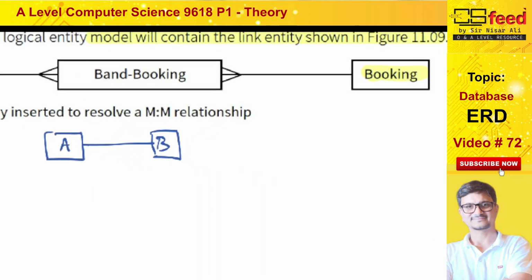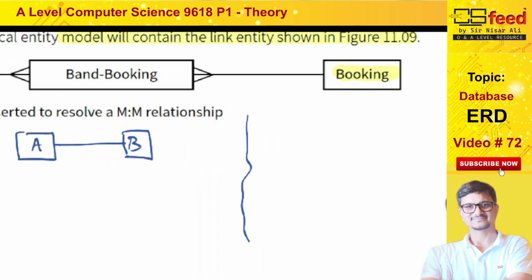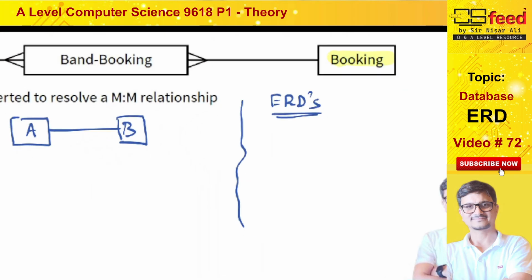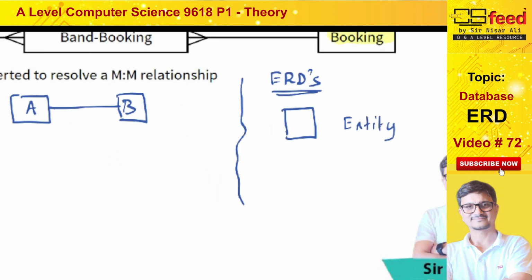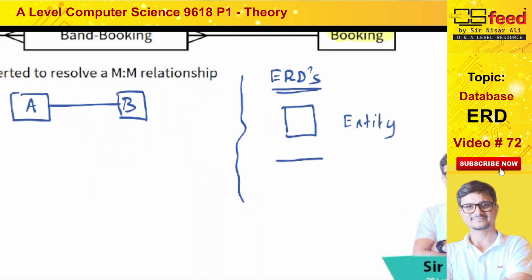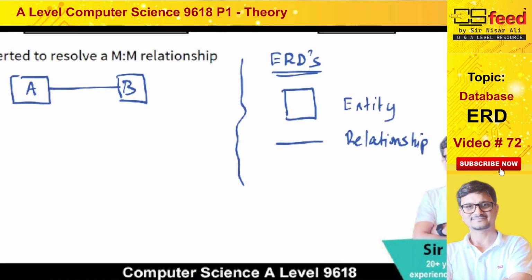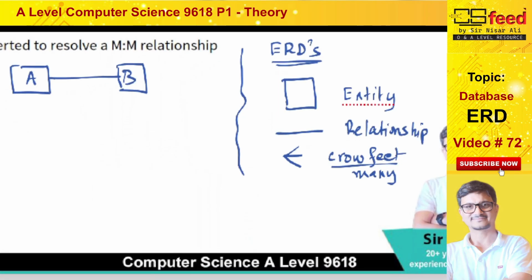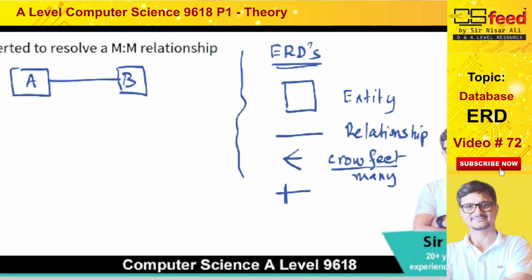There is one more thing before I give you this example. In the ERDs, this shape is used to represent the entity, and this line shows the relationship, and this crow's foot shows many, and this line shows one.